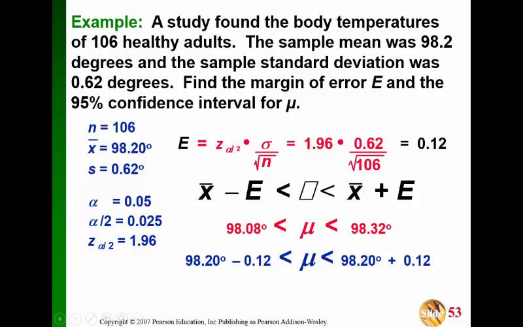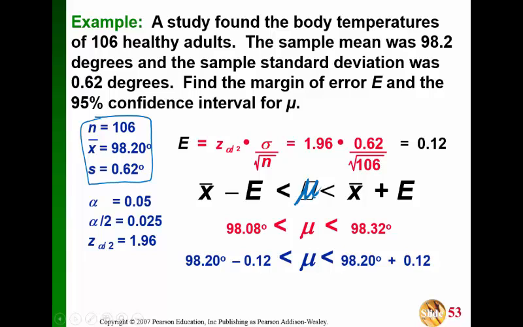So this is a bit of a big mess over here, but let's see if I can make sense out of this for you. This is the original problem. The first thing we want to do is collect the information that we're given from the word problem.